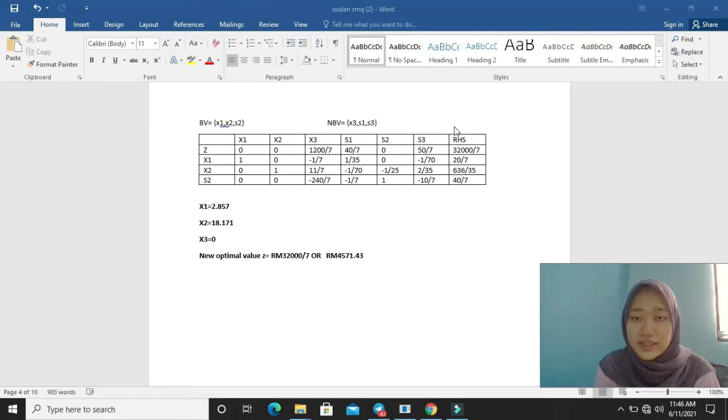As you can see here, all the right hand side values are non-negative, so it means that the table has reached optimality. So the new optimal value of z is 4,570 ringgit 43 cents. For x1 it is 2.857, x2 is 18.171, and x3 is 0.